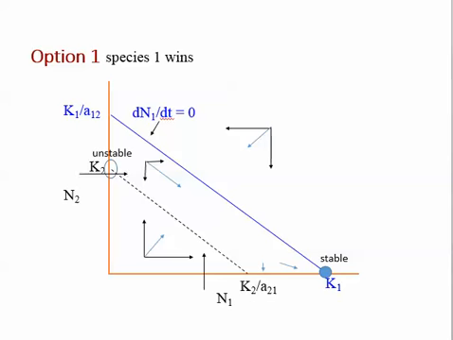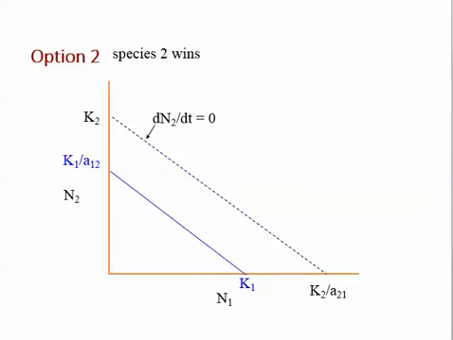Okay, so that's one situation. It should come as no surprise that if you flip those 2 isoclines over, you end up with species 2 winning, and this is the stable equilibrium point, this is the unstable equilibrium point.